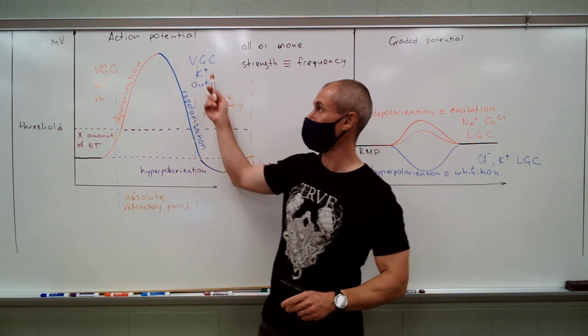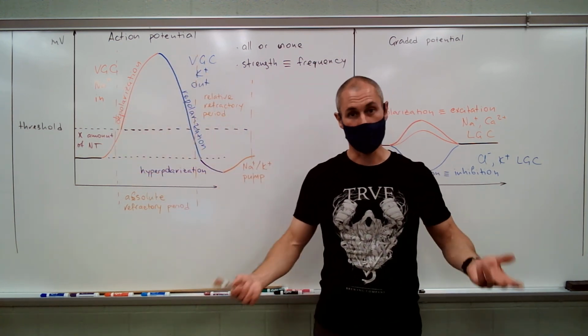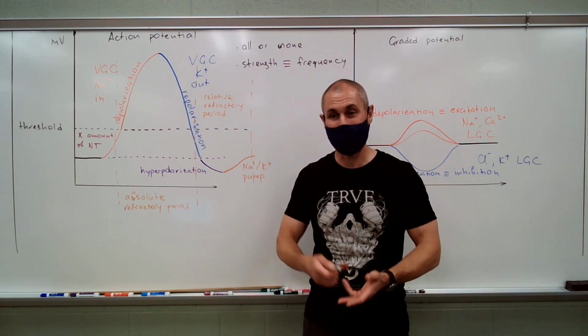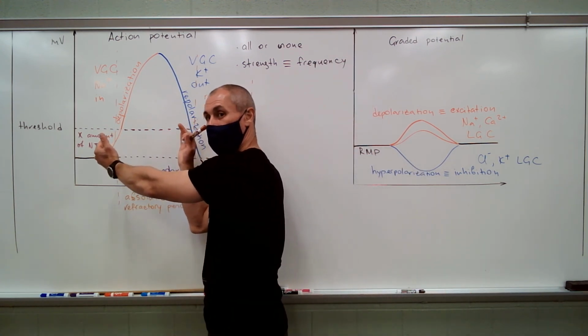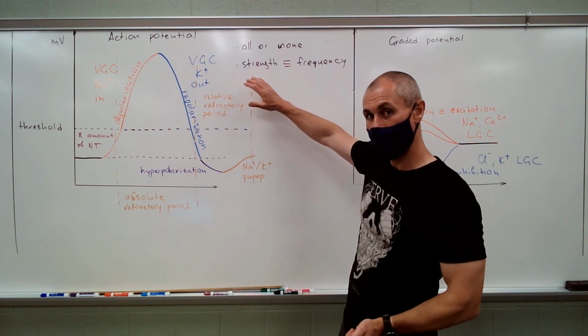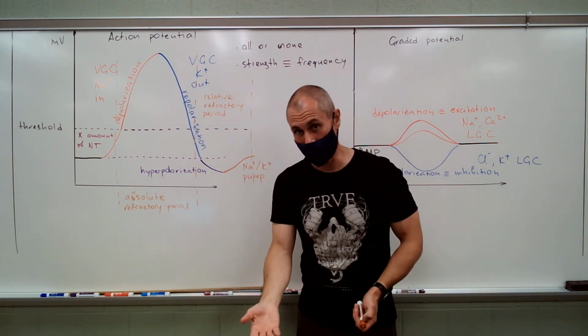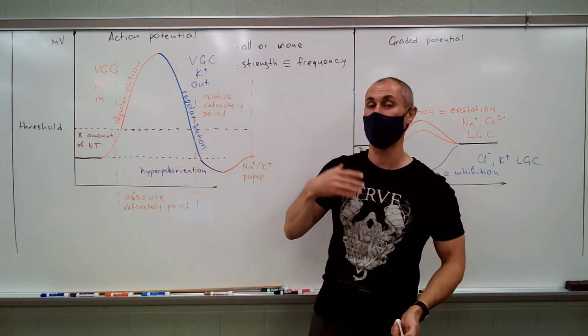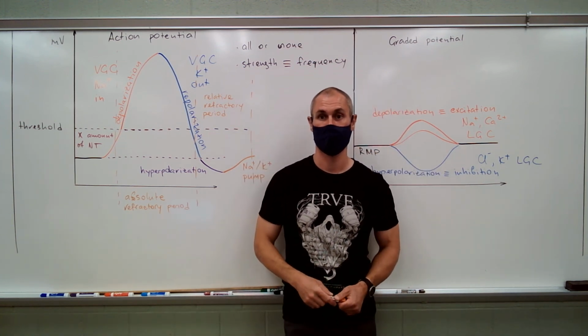So during the absolute refractory period, tough luck. You can't cause another action potential over here. During the relative refractory period, you can cause another action potential, but you need a stronger stimulus.